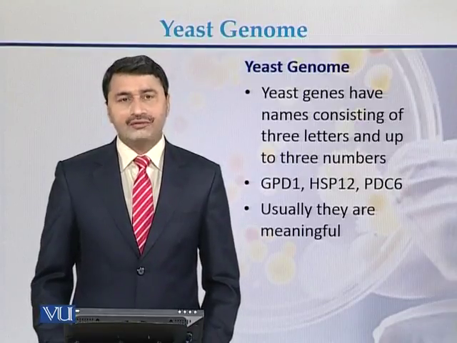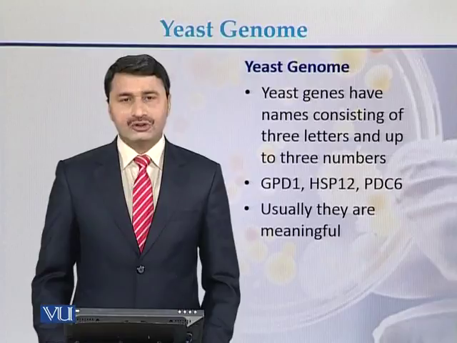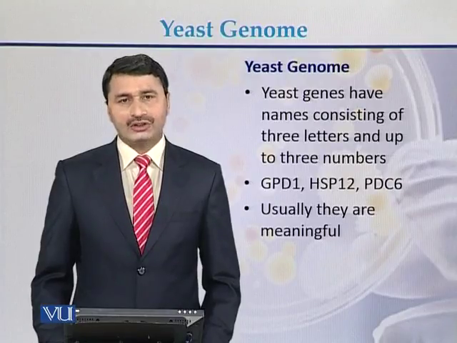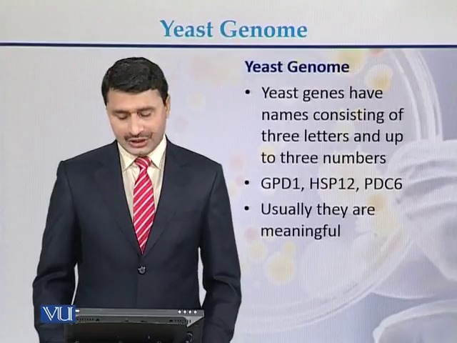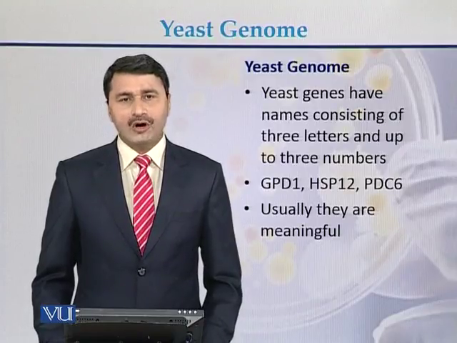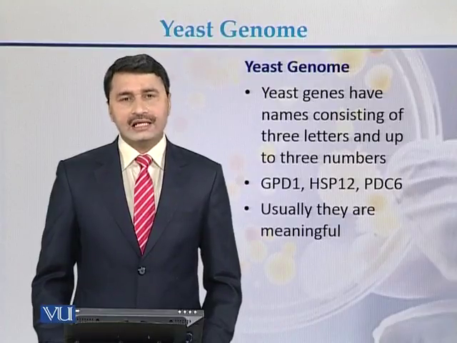Yeast genes are named with 3 letters and up to 3 numbers. Examples are G, P, D. So these are the 3 letters, and there can be up to 3 numbers. GPD1 is the name of one of the genes present on the genome. The second example is HSP12.